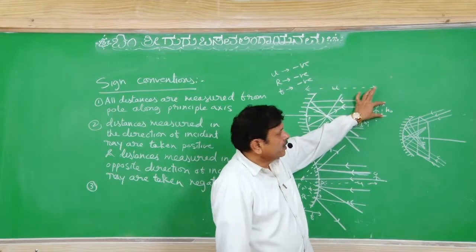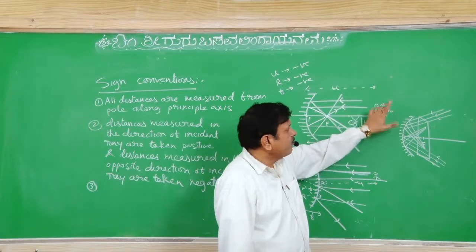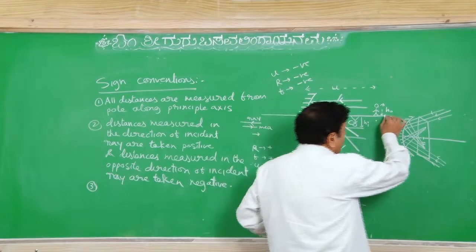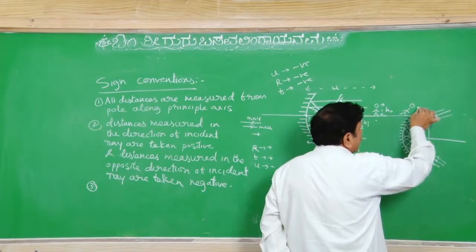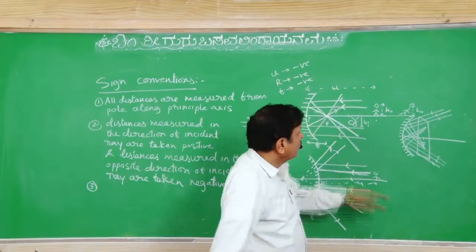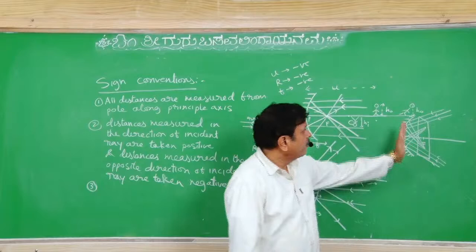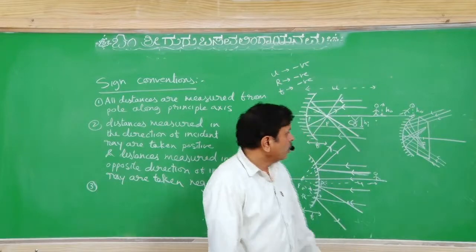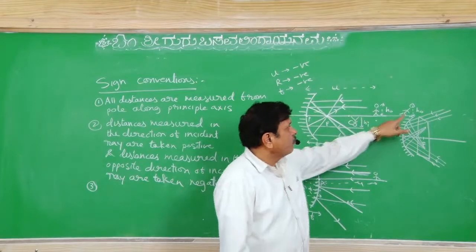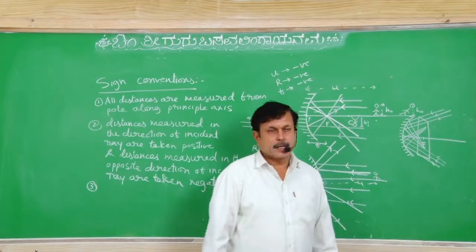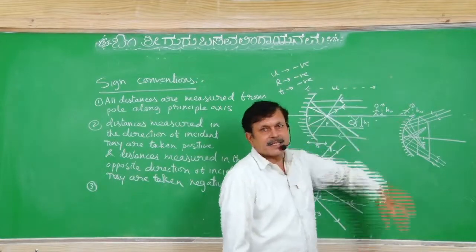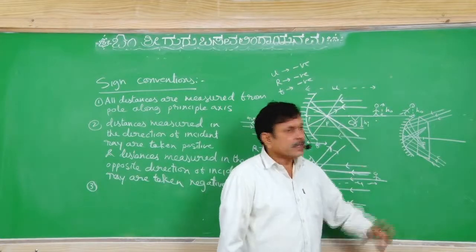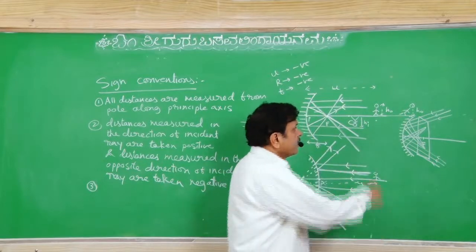So we take this height as the height of the object. Now assume that if an object is tilted like this, then also we measure only this height as HO. We don't consider the tilted height over there. We consider perpendicular heights. So here also, if it is tilted, we consider only the perpendicular height. So heights, if measured above the principal axis perpendicular to it, are taken as what? They are taken positive.